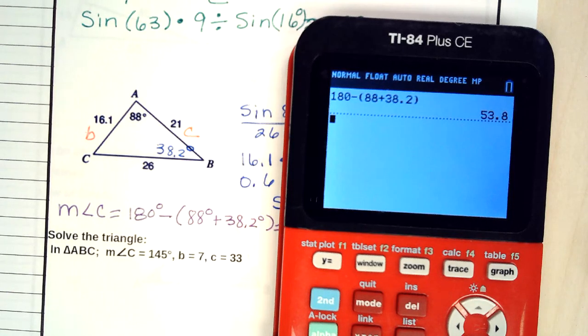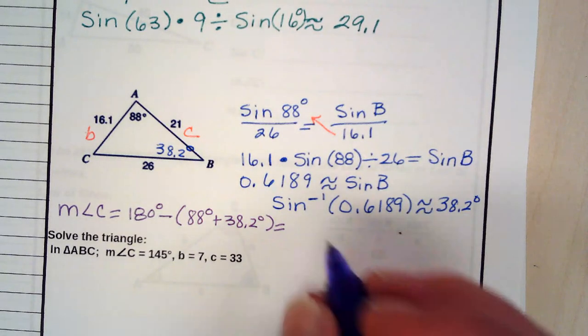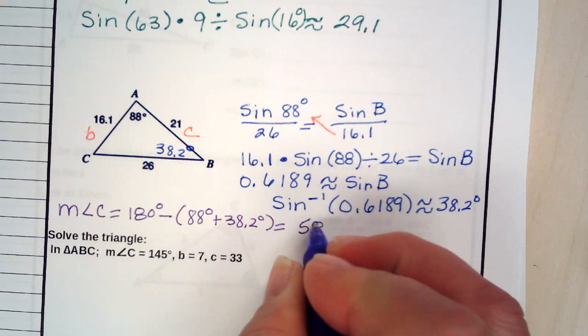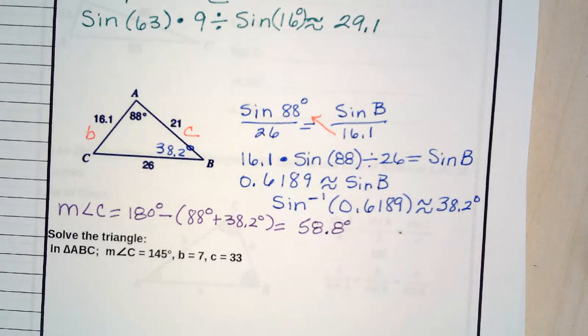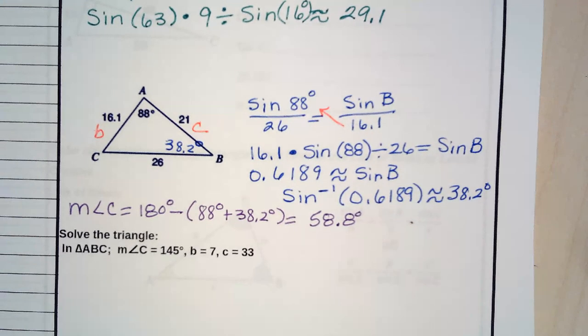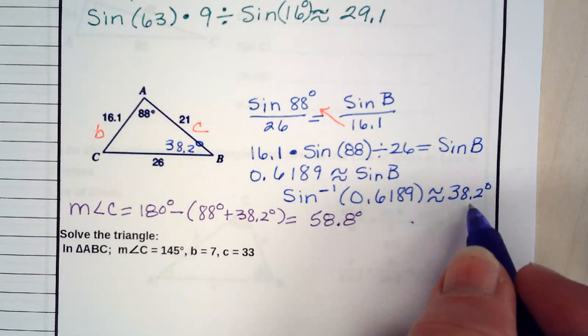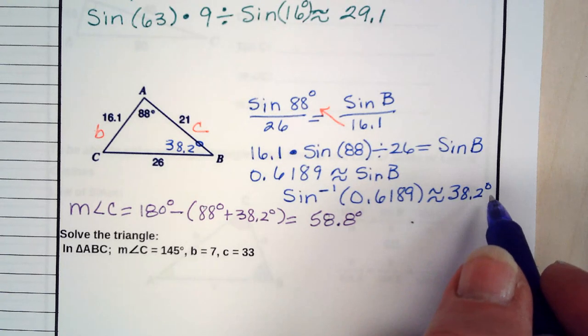And you end up with 58.8 degrees. Okay, are you going to get the exact number on your angles? Usually not, but you can do an approximation.